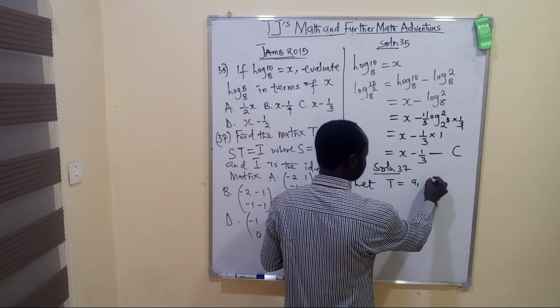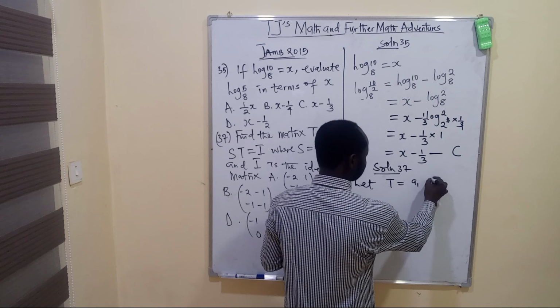Let matrix T be this, since we are looking for the matrix T. ST is giving us minus 1, 1, 1, minus 2. We multiply it by T now, which is this matrix, A1, A2, A3, A4. This will be equal to the identity matrix now, which is 1, 0, 0, 1.